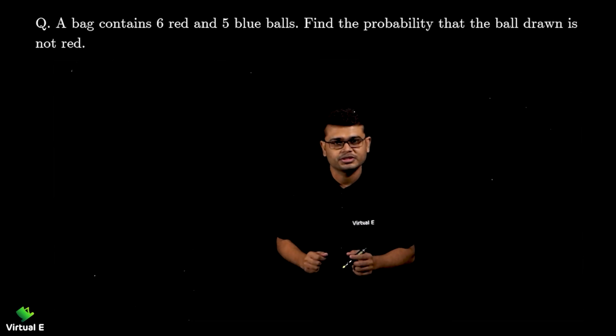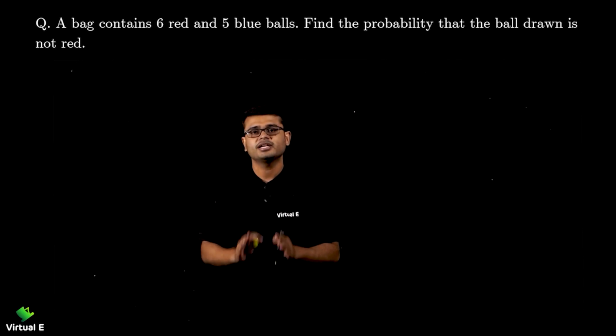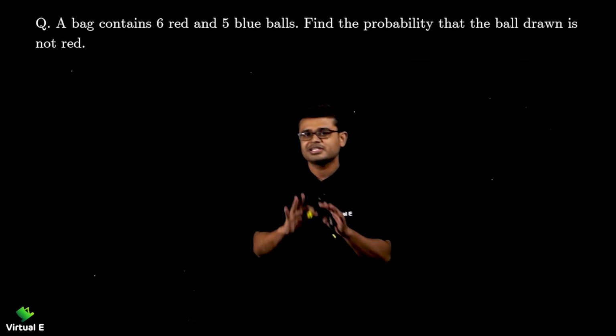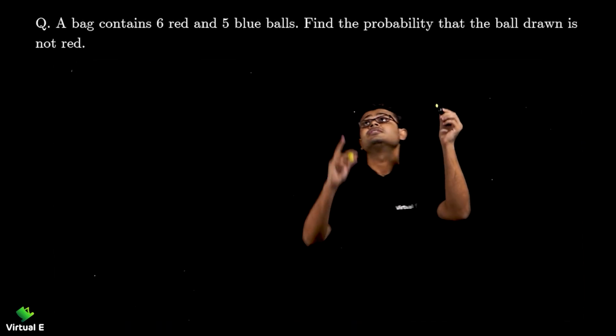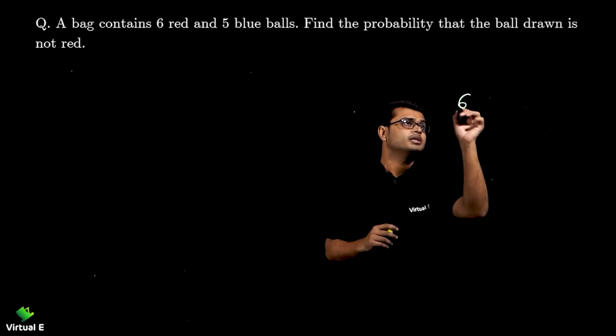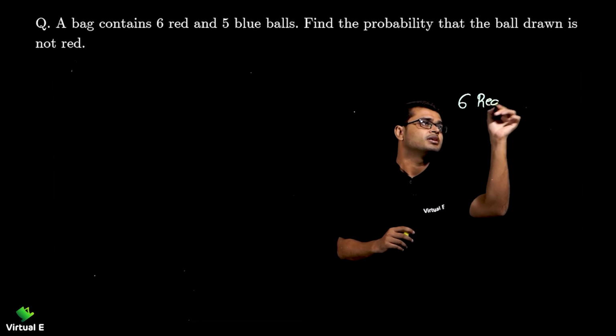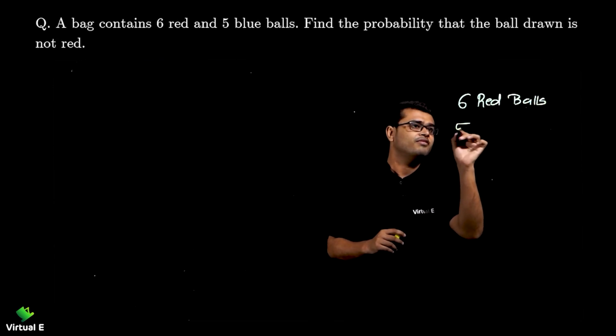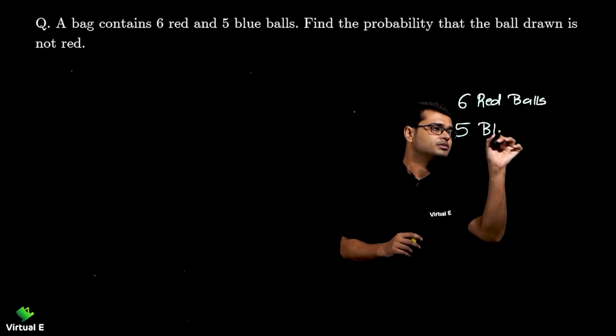Let's do one more question. Previously we discussed a sum related to bulbs. Now let's discuss a question related to balls. You must have done this in grade 9. Just recap that. A bag contains 6 red and 5 blue balls. So there are 6 red balls and 5 blue balls.